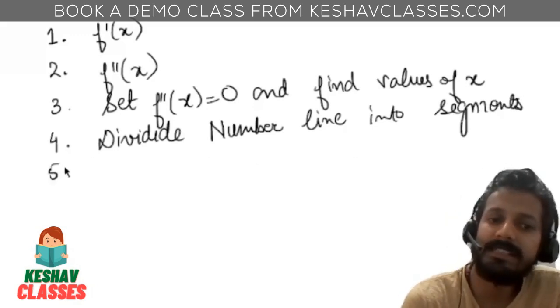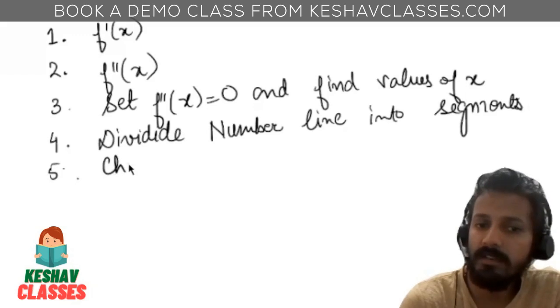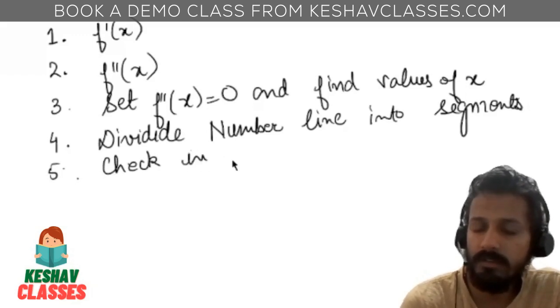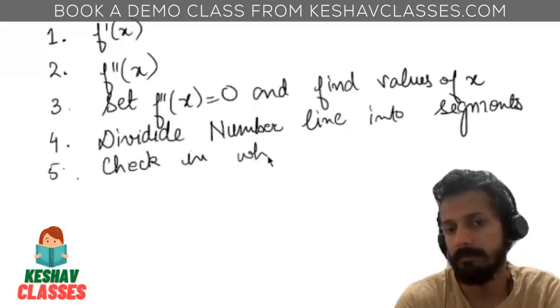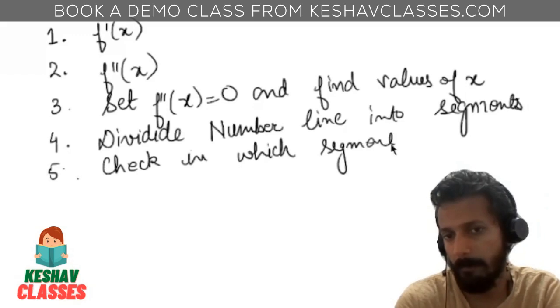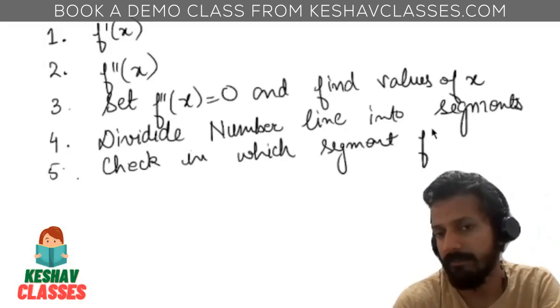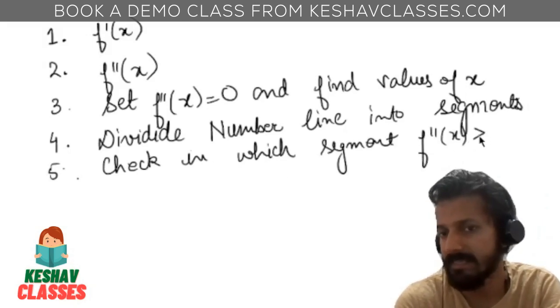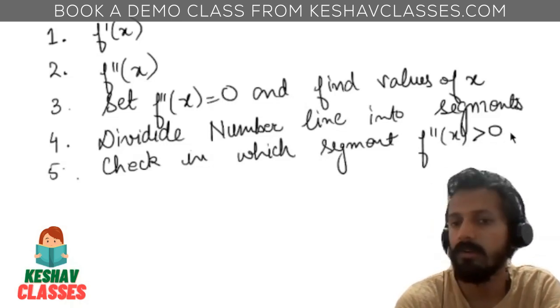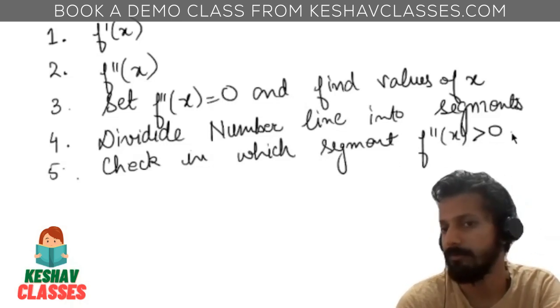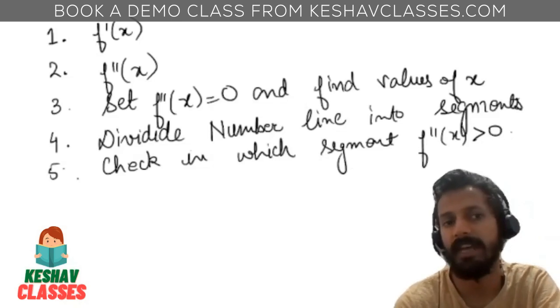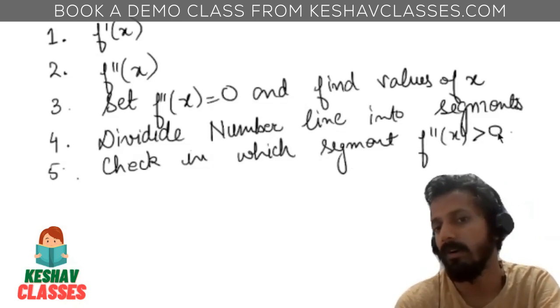And then the next step would be you check in which segment your f double prime of x is greater than 0 or less than 0. You check the value of f double prime of x in all the segments.